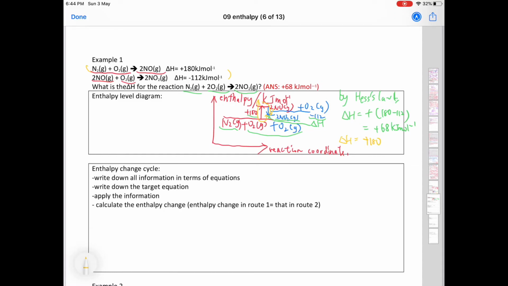Plus 180 and then plus negative 112, so the final answer will also be positive 68 kJ per mole. And this is the idea of Hess's law. Is it okay?